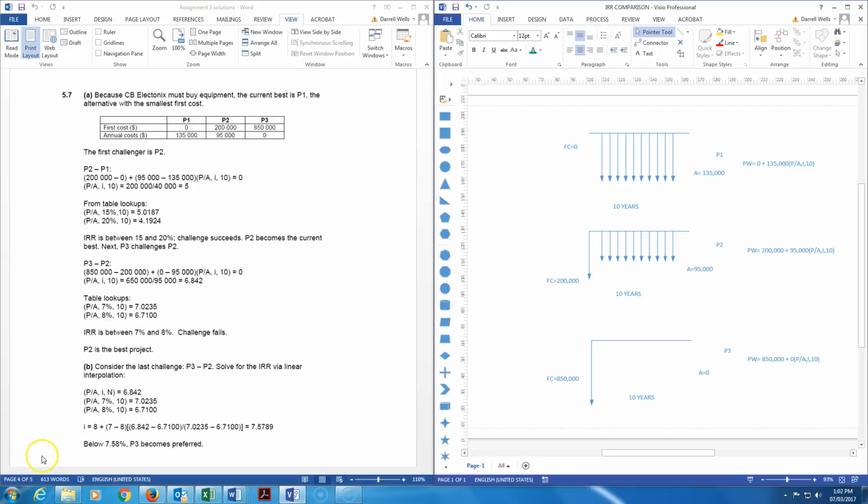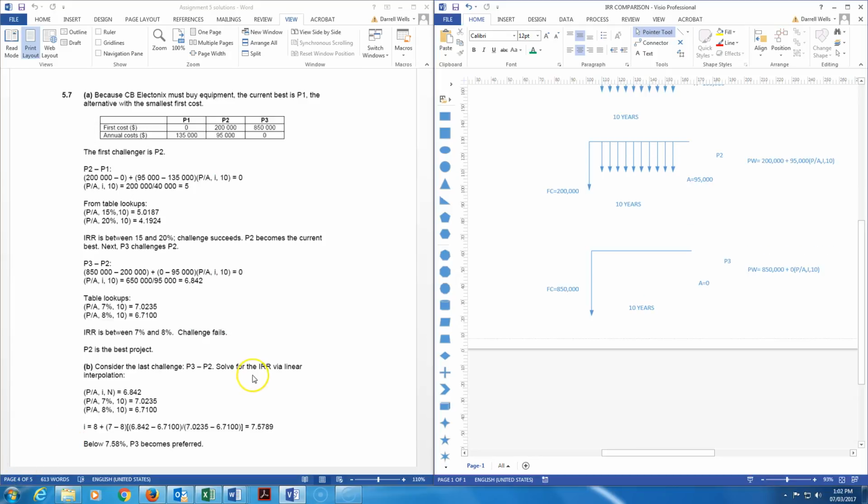Now, part B of the problem talks about actually solving for the IRR of each challenge. If we just look at the last challenge of P3 to P2, we know that we had a value of 6.842, and P given A for 7% for 10 is 7.0235 and for 8% for 10 is 6.7100.